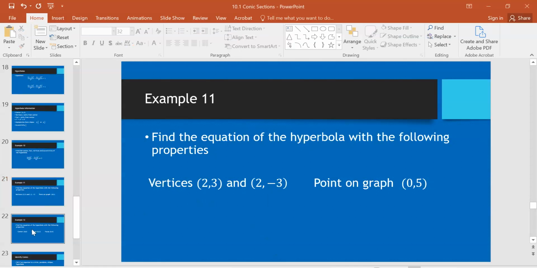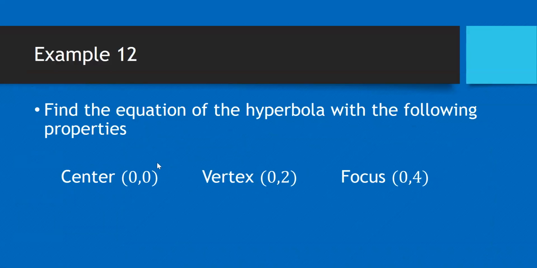Now, the last example on finding hyperbolas, I want you to try. Find the equation of the hyperbola with center at (0, 0), a vertex at (0, 2), and a focus at (0, 4). Go ahead and push pause and find that equation.